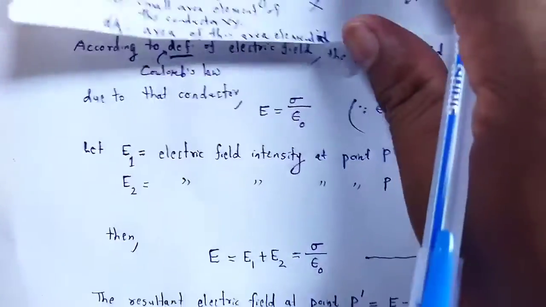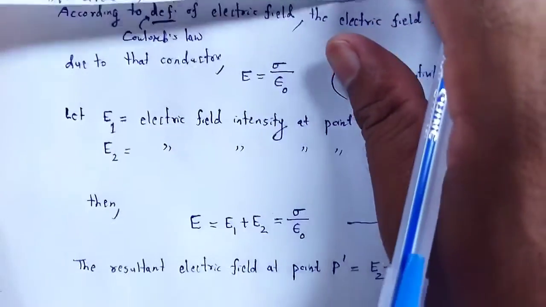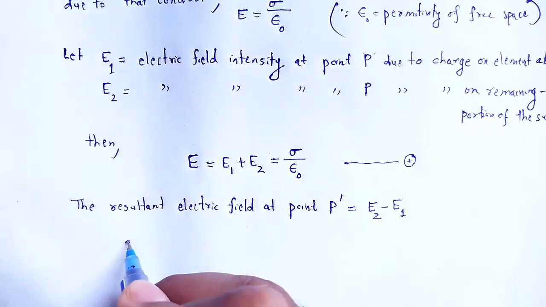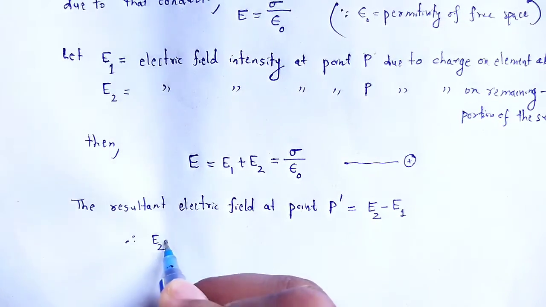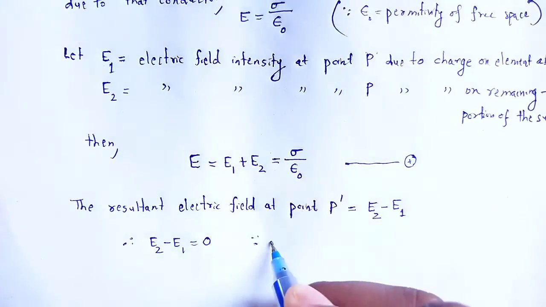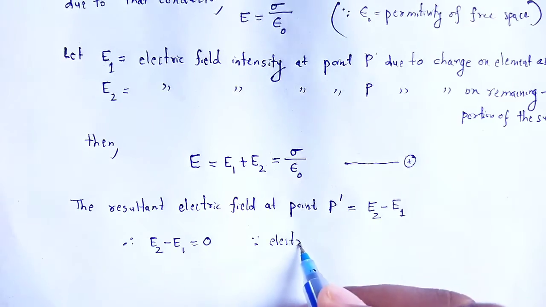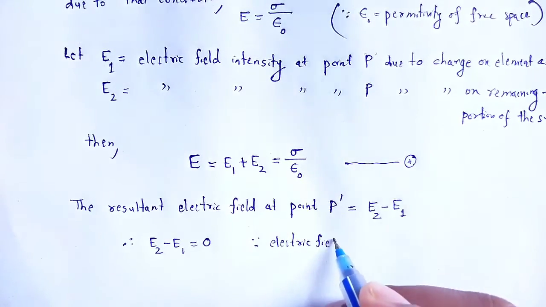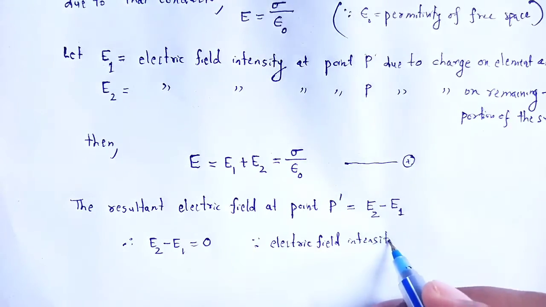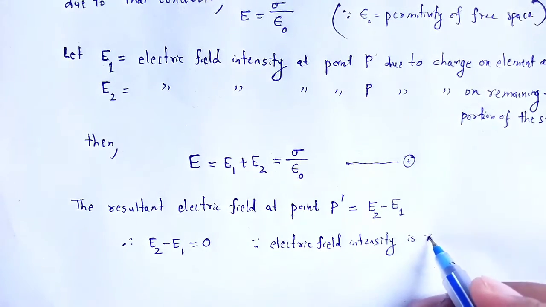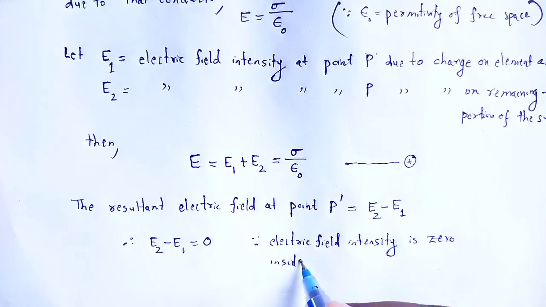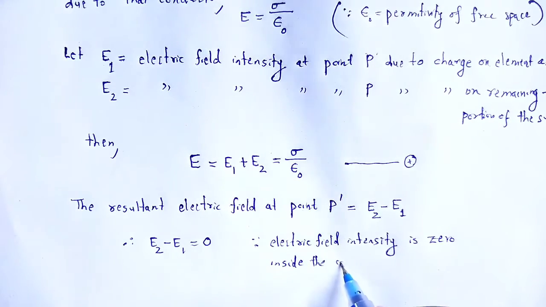Therefore E2 minus E1 is equal to 0, as the electric field intensity is 0 inside the conductor.